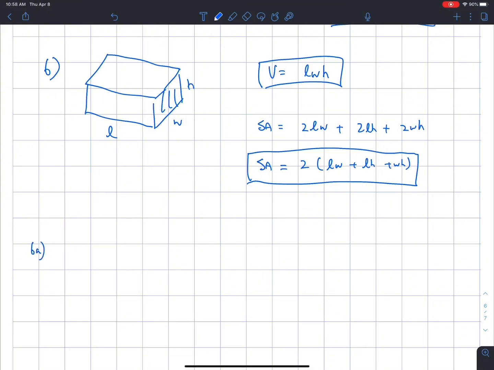6a. So what's missing is surface area. I can just use this formula. 2 times L times W, so 8 times 5, plus L times H, so 8 times 3, and then plus W times H. That will give me the surface area. And I can just type this into the calculator.